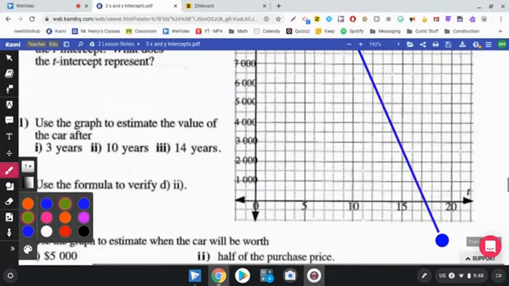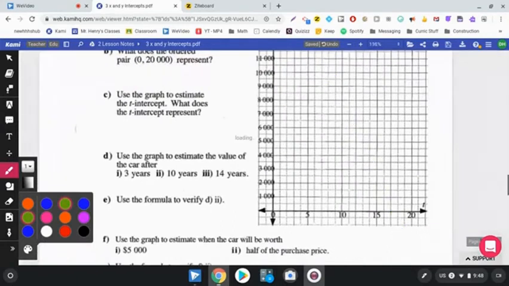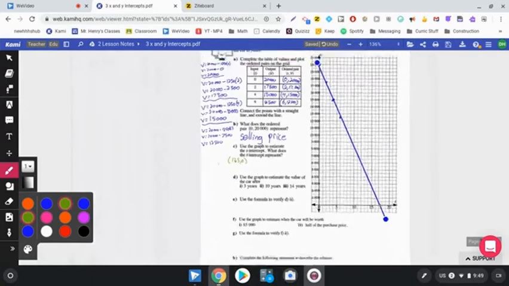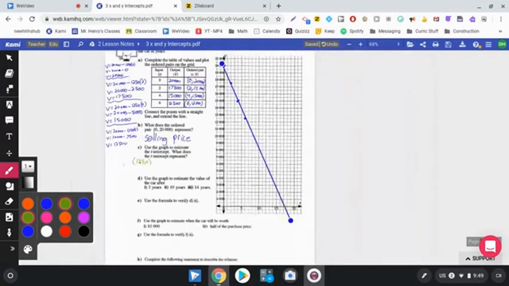Well, to me, that value is 15, 16, 17. Let's just call it 17.5. 17.5 comma 0. And that's probably not accurate, right? I think my line is maybe not perfectly lined up with everything. If I were to do it with an equation, it could be more accurate, but that's okay.